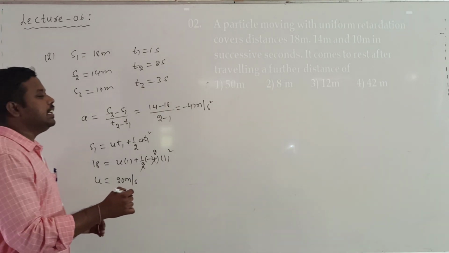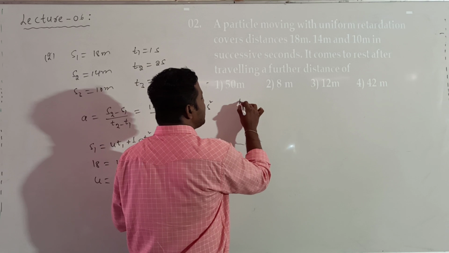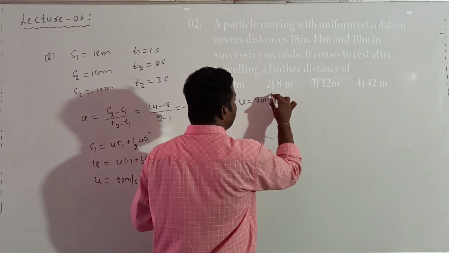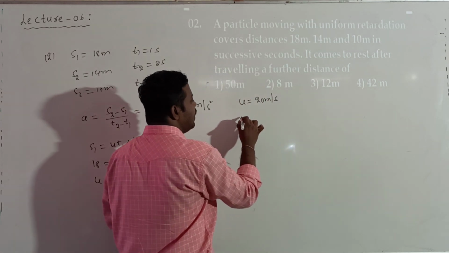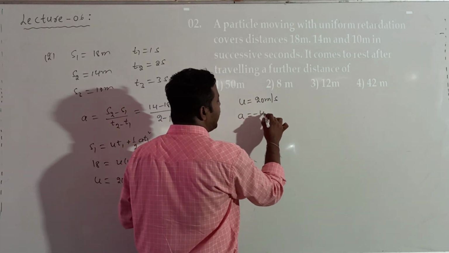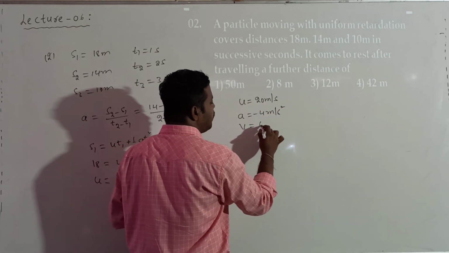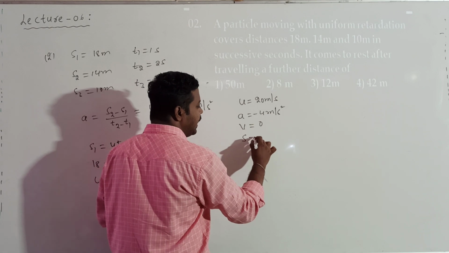After calculating the initial velocity, let me calculate the distance traveled before coming to rest. A body is moving with a velocity of 20 meters per second with a uniform retardation of minus 4 meter per second square. What is the distance traveled by the body before coming to rest? I want to calculate the S value.